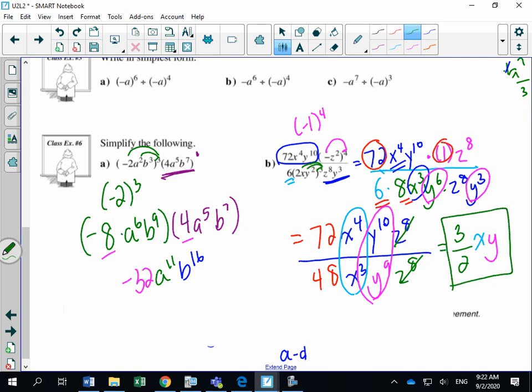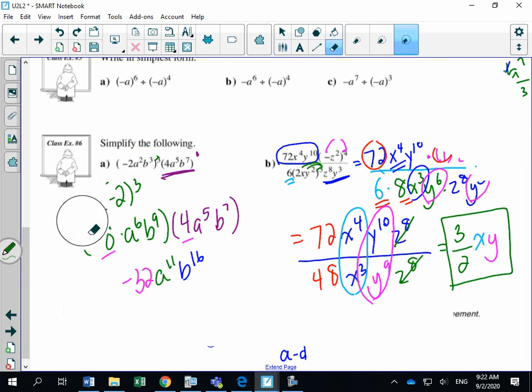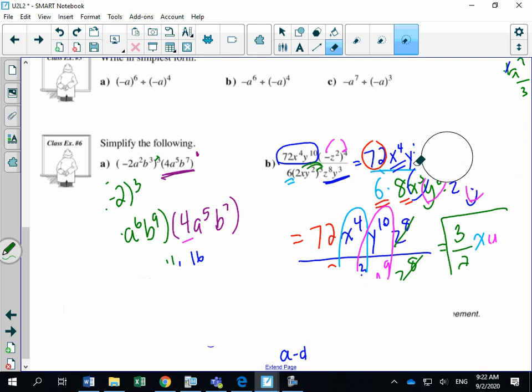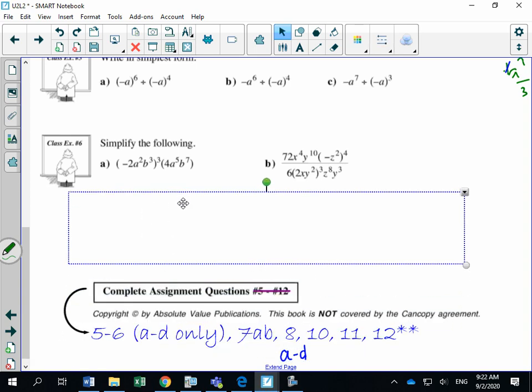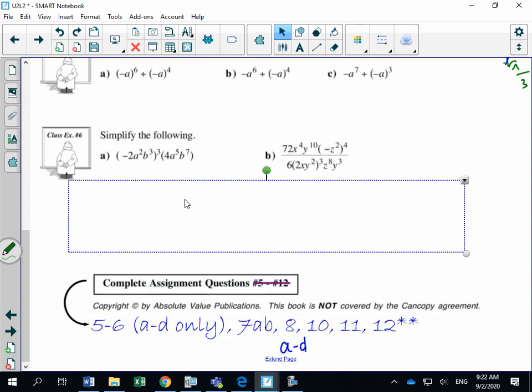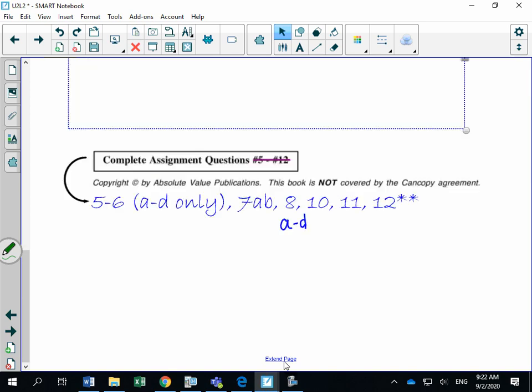Okay, let's look at our homework. And I think there was a couple questions in the homework I wanted to do with you. So I'm going to erase this. Okay. So what I want you to do is I want you to take a minute and I want you to keep this screen up, flip to your homework and circle this.